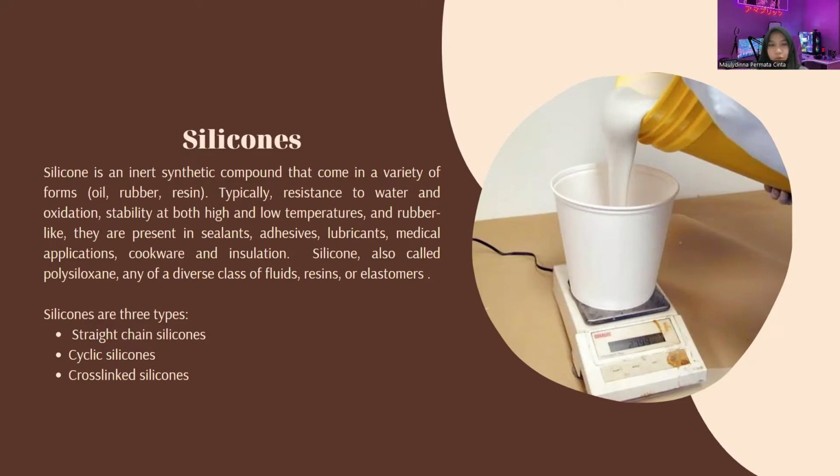Silicone, also called polysiloxane, is any of a class of fluids, resins, or elastomers. There are three types of silicone. The first type is straight chain silicone. Second is cyclic silicone, and the last is cross-linked silicone.